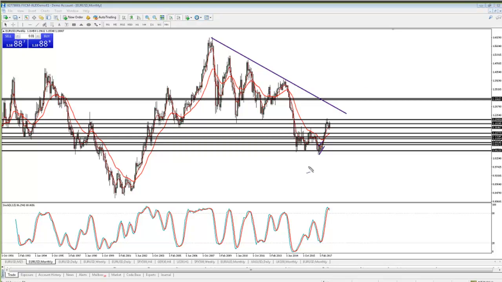So, monthly chart. Made a little triple bottom, running into this very significant area of resistance. It also so happens to be the 120 psychological level. All right, so it's likely that this is going to be a resistance zone.